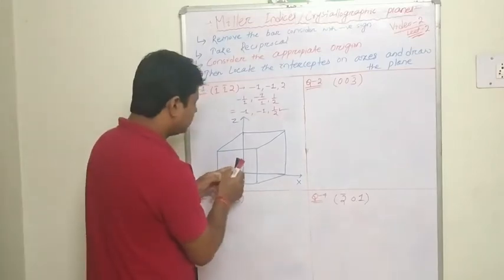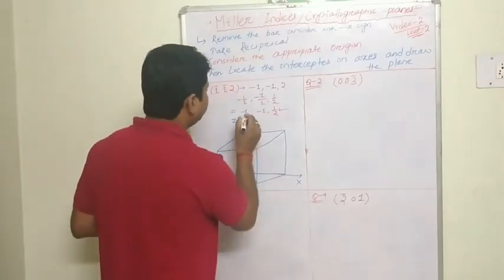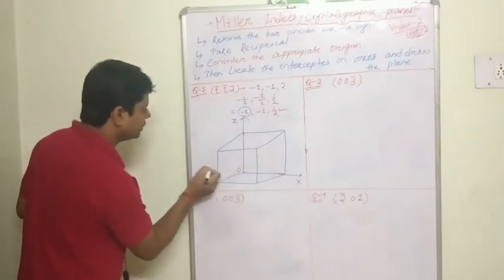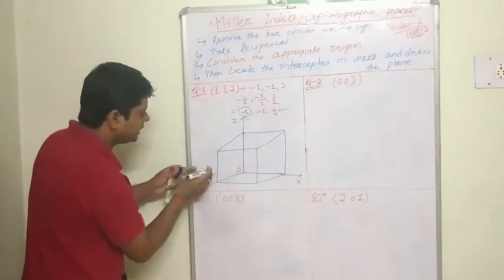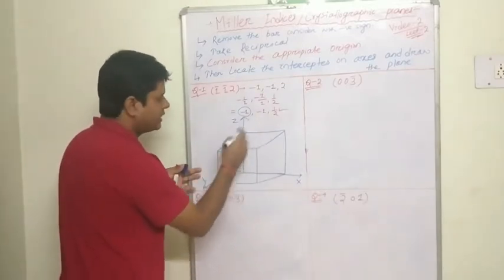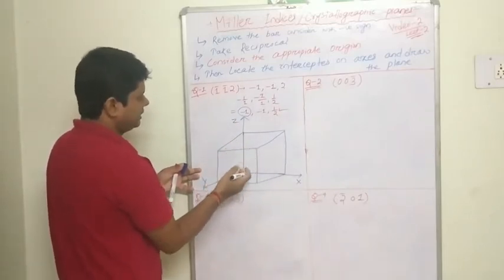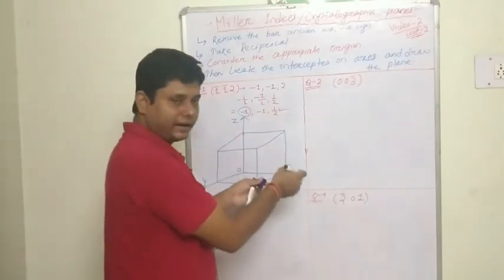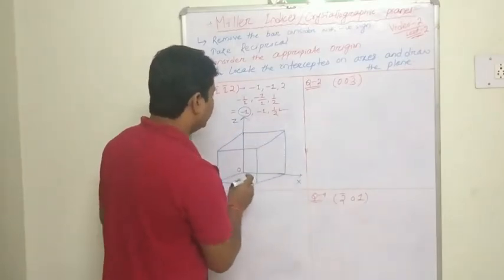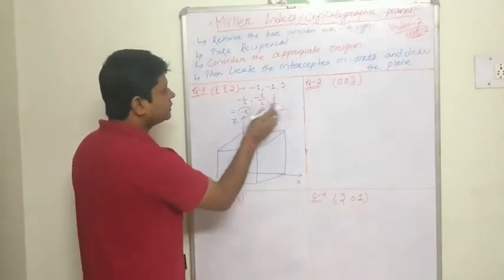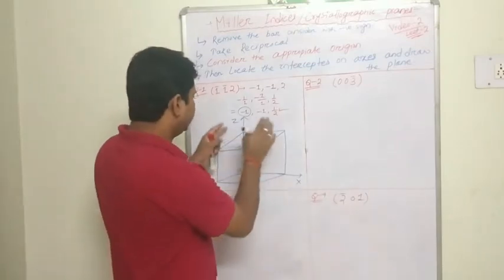To locate -1 I have to move this side, but on this side there is no cube, no figure. Hence we have to locate the origin in such a way that all the intercepts can be found in this cube.